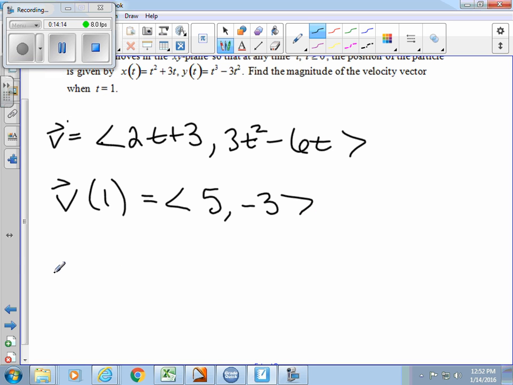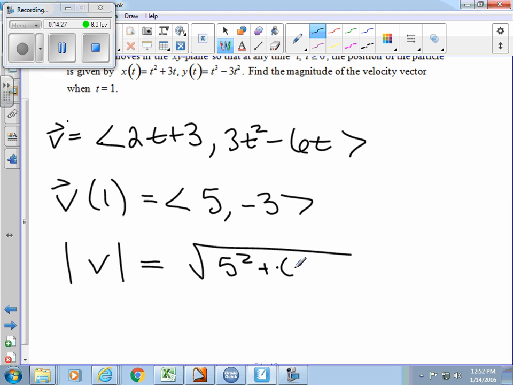And so the magnitude, if we want to use vector notation, the length of the velocity vector, is the square root of 5 squared plus -3 squared. And that is not 4. Don't do that. It happens a lot. Why is it not a 3, 4, 5 triangle? Quick mental note, because some of you will try to pull that.